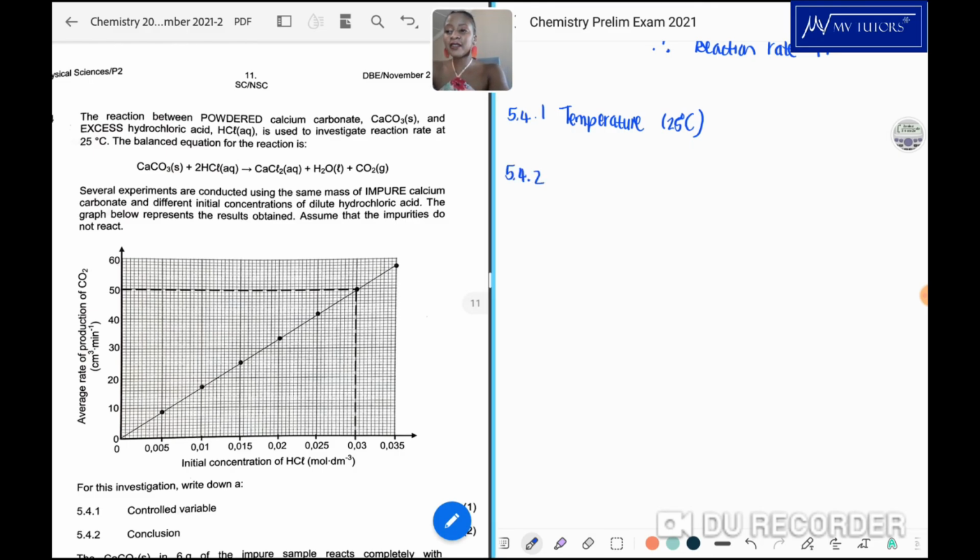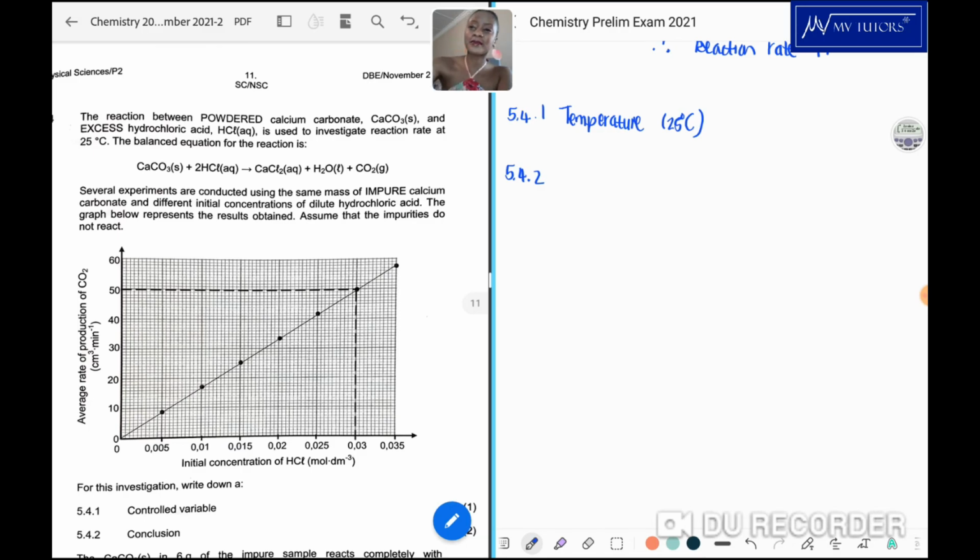And then for this investigation, what would be the conclusion, basically? If you're looking at the y-axis, that is the average rate of production of carbon dioxide. And if we look at the x-axis, that is the concentration of hydrochloric acid. You can see that we have a linear graph there. With increasing concentration, you have increasing rate of production. So what I would conclude is that the higher the concentration, the higher the rate of production or reaction rate.